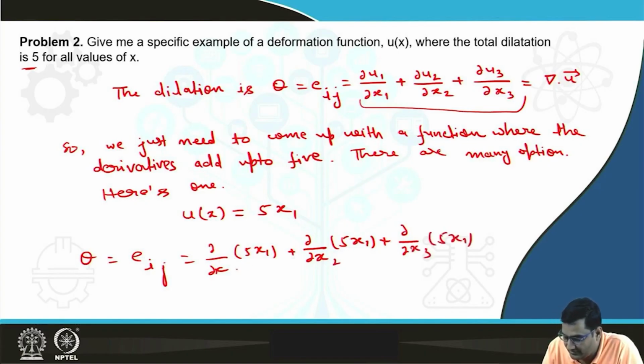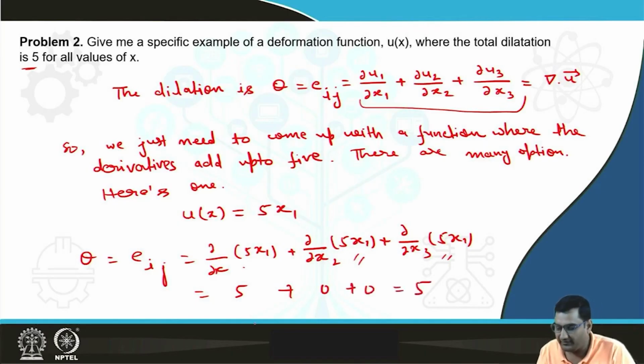What you will see is this becomes 5, and the other terms, this one and this one, become 0 plus 0, so you will get 5. Likewise you can have u equal to 5x2, 5x3, and those will give you the total dilatation equal to 5.